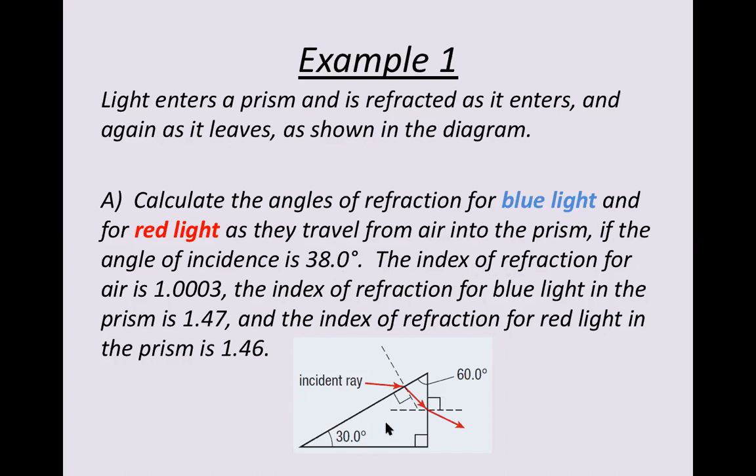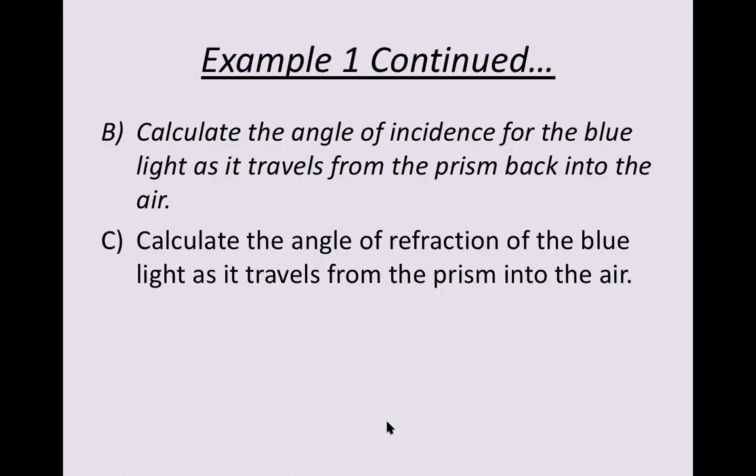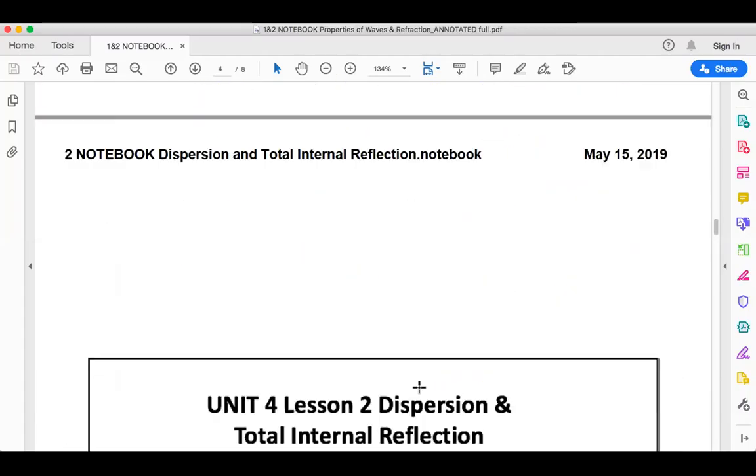We are given the index of refraction for air, which is 1, the index of refraction for blue light in the prism is 1.47, and the index of refraction for red light in the prism is 1.46. So let's take a look at that problem.